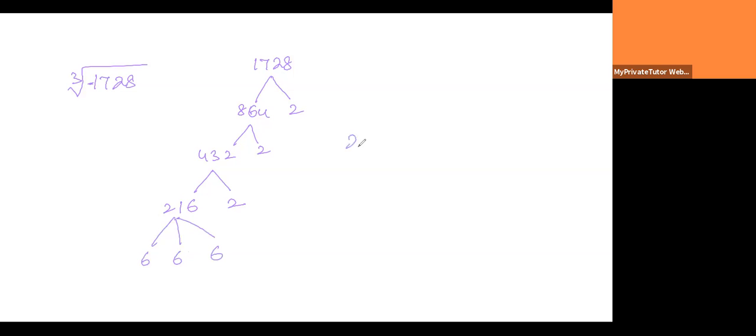Just take a look at this: 2 cube times 6 cube, the cubic root of this. But here it is a negative number, so it's negative 2 cube times negative 6 cube. That's the only adjustment you need to make if it is a negative number. Then minus 2 whole cube 3 by 3 times minus 6 3 by 3, so we got the answer as minus 12.